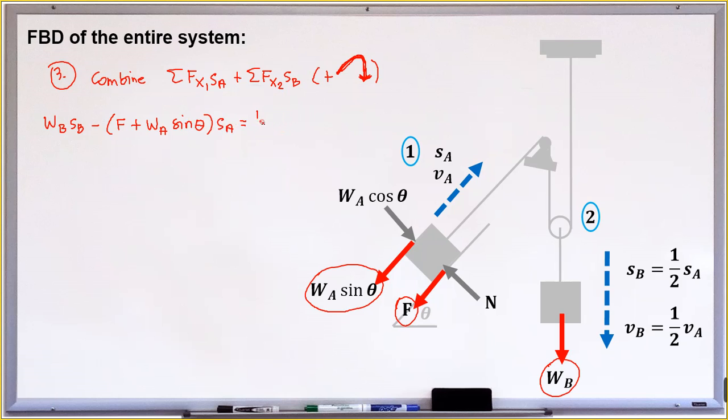So we add the kinetic energies: 1/2 WA over G times VA squared, plus 1/2 WB over G times VB squared. So we solve here for the velocity of A.